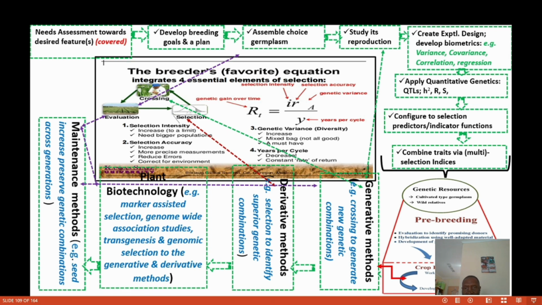So here again, you can see this arrow that is in pink in both ways is the evaluation, because all across, the evaluation cuts across the evaluation of assembling choice germplasm, the evaluation concerning the biotechnology, concerning the derivative, concerning the generative methods.